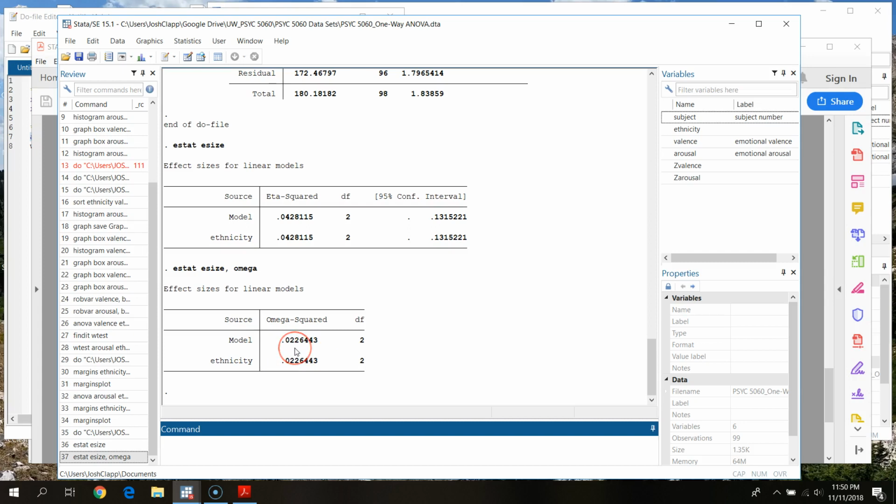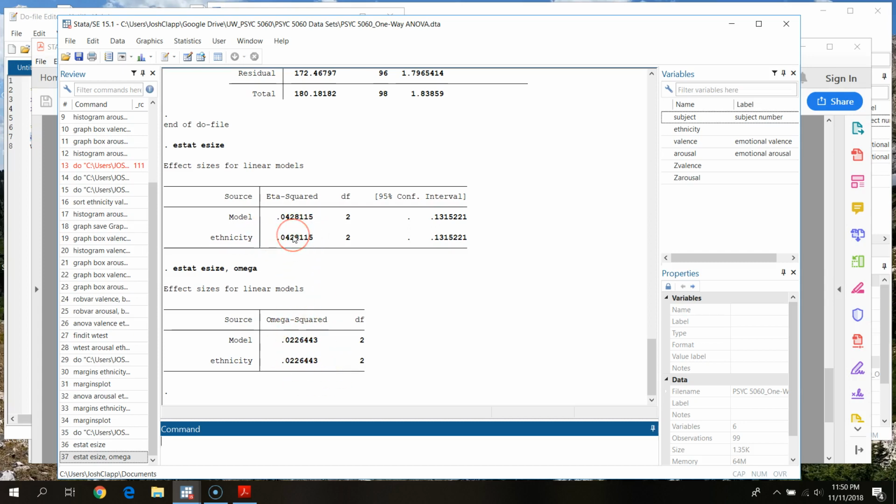We would expect that within the population, of the total variability that we would see in valence ratings to this film, somewhere around 2.3% of the variability in those valence ratings would be attributable to our different racial ethnic populations here.